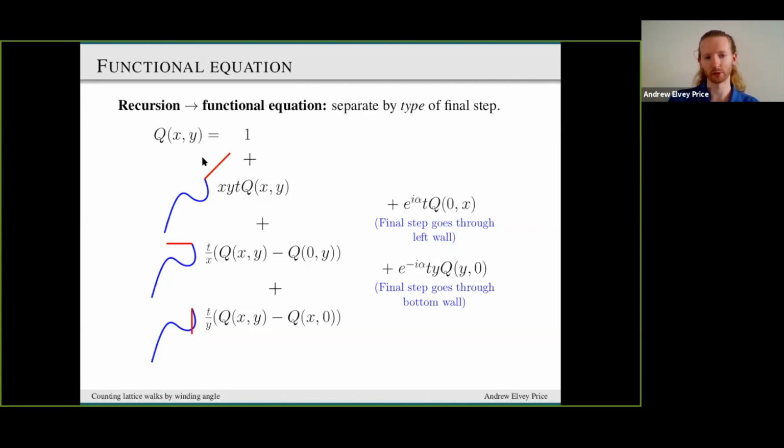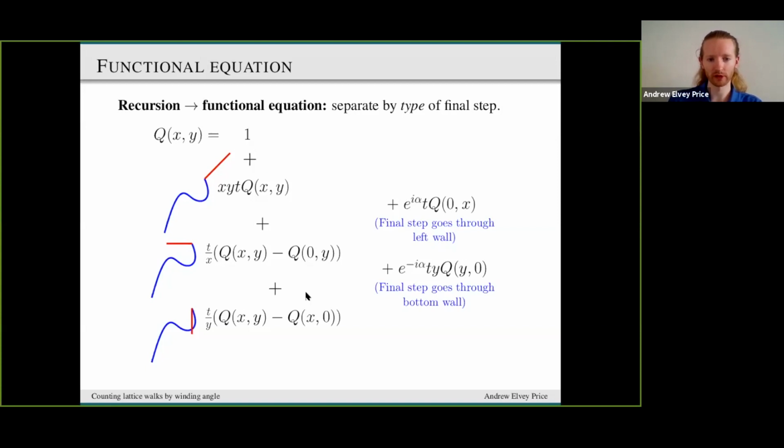In the case where the final step is a northeast step, we get this contribution because q of x, y is the generating function for all walks, and then we multiply by x, y, and t for the last step. And similarly, we get these contributions in the cases where we end with a south or west step. The reason why we had to subtract a y here, for example, is that the blue walk can't end on the left of its section if the following step is a west step.